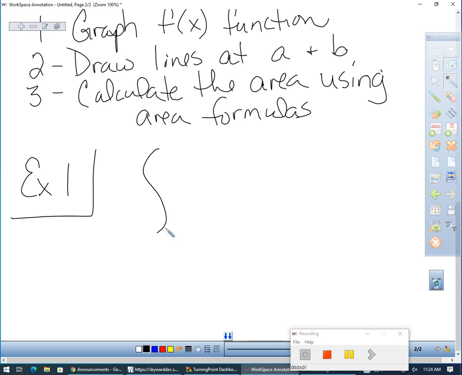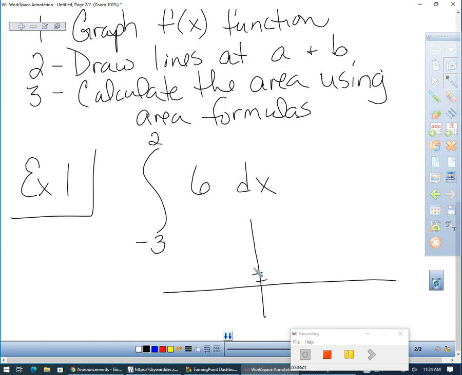We're going to do the integral from -3 to 2 of 6 dx. All right, so I'm going to draw my graph. So 6, how do you graph 6? 6 is just a horizontal line at 6, exactly.